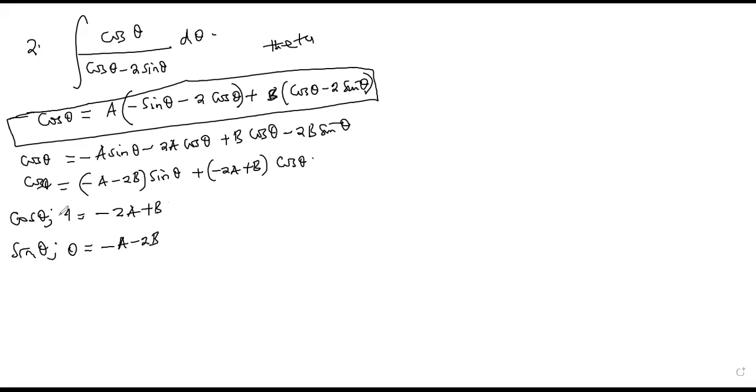Solving these equations simultaneously will give you the value of a as negative 2 over 5 and b as 1 over 5.